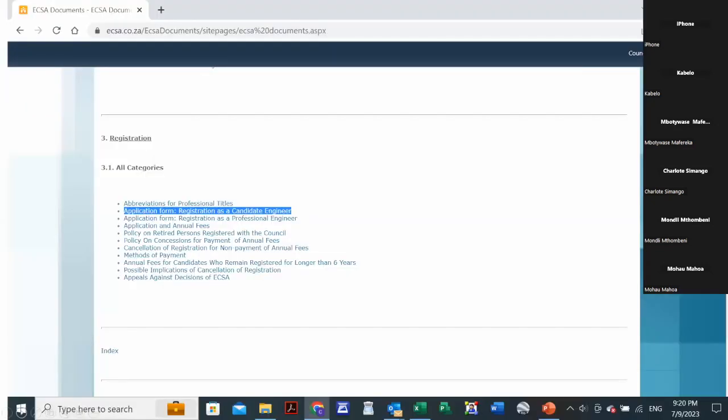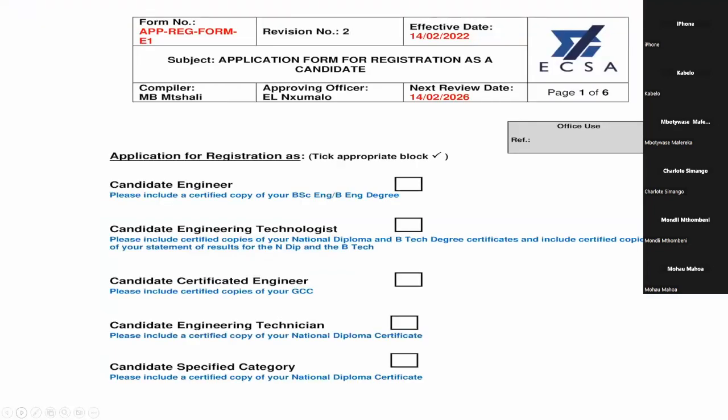Okay, here you'll see what it is. Once you go under the ECSA documents, you scroll down to registration 3.1, all categories, then you'll see the application form, registration as candidate engineer. This one you download. Now, this is the form that you see. Although it's written there on 3.1 as candidate engineer, it's actually an application form for registration as a candidate.